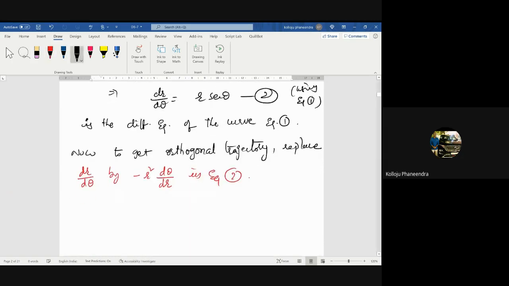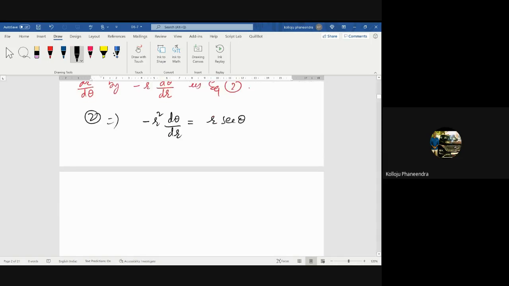Then equation 2 becomes minus r square d theta by dr equal to r into secant theta. I have to solve this. One r gets cancelled, so minus r d theta by dr equal to secant theta.